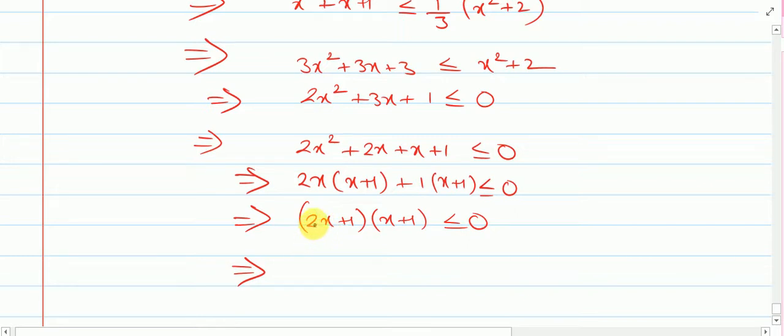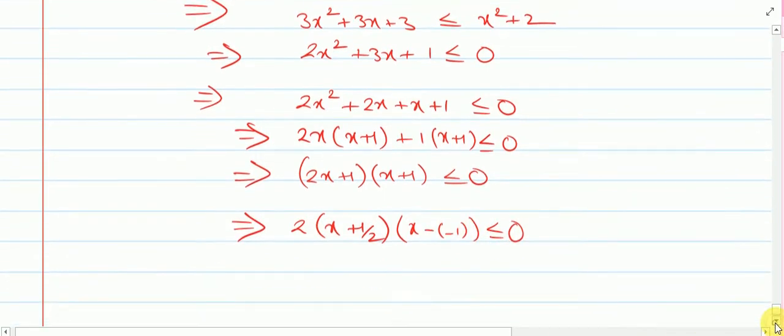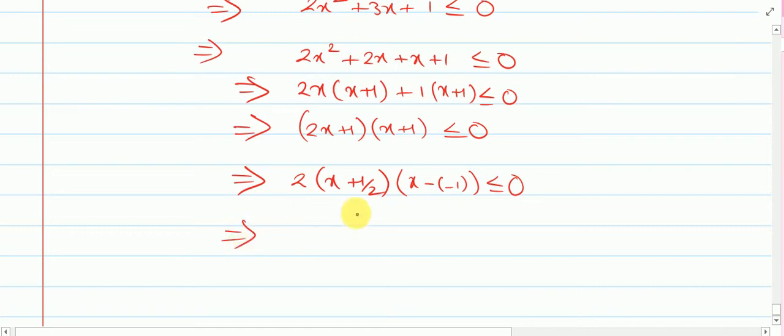So I can take 2 common outside, so I'll get 2, and here I can write x plus half, and as I said, I don't want plus over here, I want minus, so I can write it like this: x minus (minus half), and x minus (minus 1), less than equal to 0. You can divide both sides by 2, so you get rid of this 2. Done.